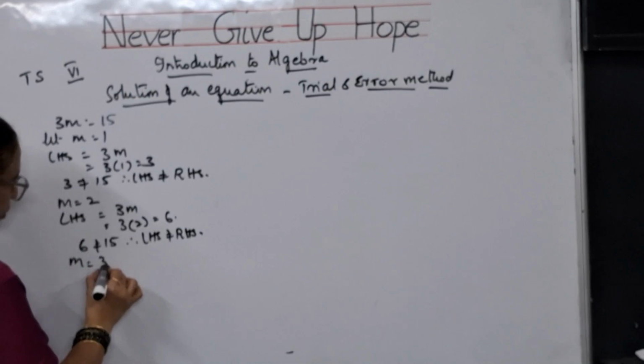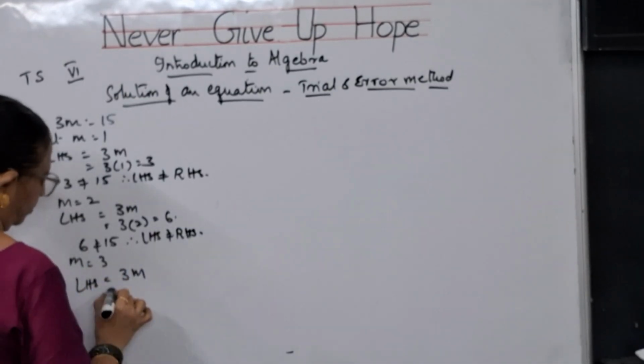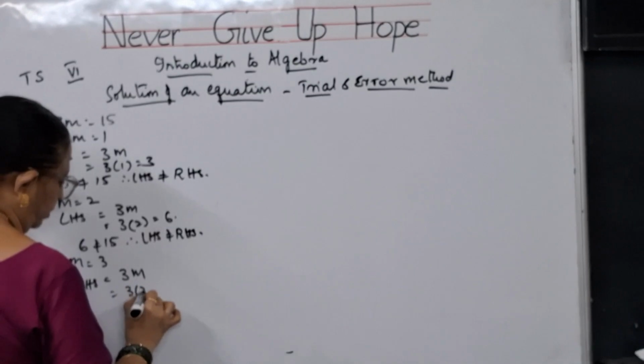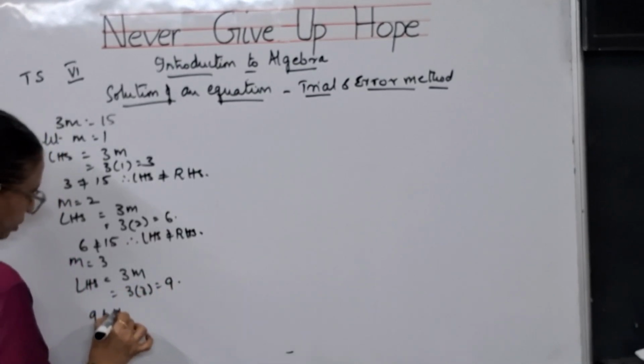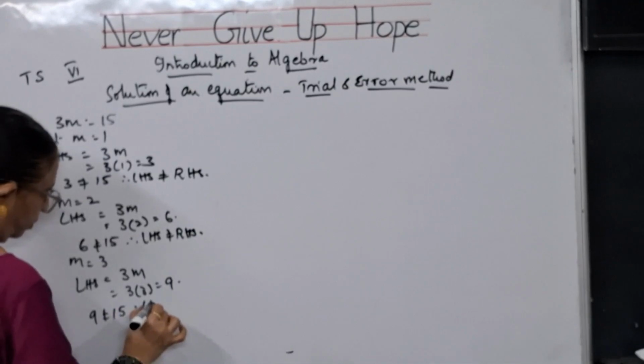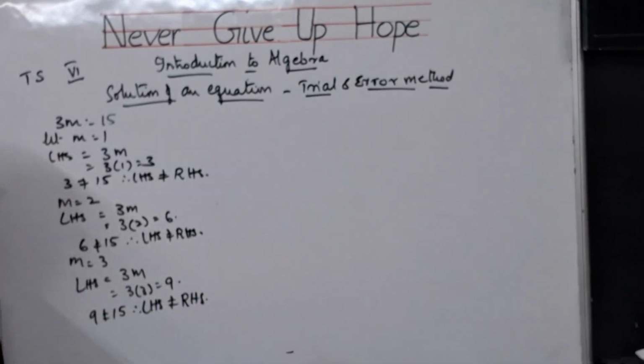Now, m is equal to 3. LHS 3m. That is 3 into 3 is 9. 9 is not equal to 15. Therefore, LHS is not equal to RHS.